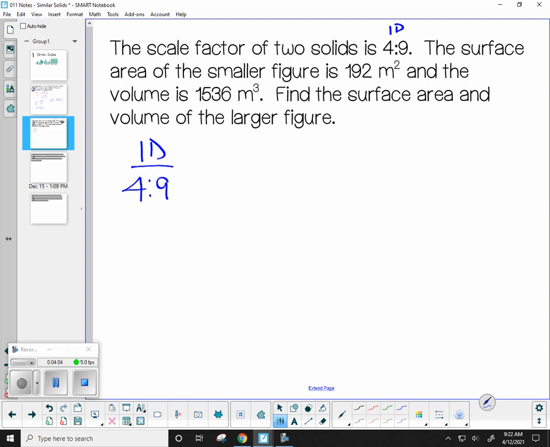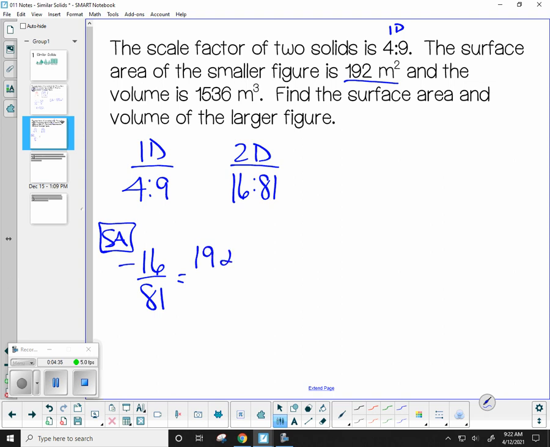Let's deal with surface area first. Surface area is in 2 dimensions. So what's the two-dimensional ratio going to become? 16 to 81. So my surface area ratio is 16 over 81. It says the surface area of the smaller figure is 192 square meters. My 192 needs to go in my numerator because 16 is smaller than 81.